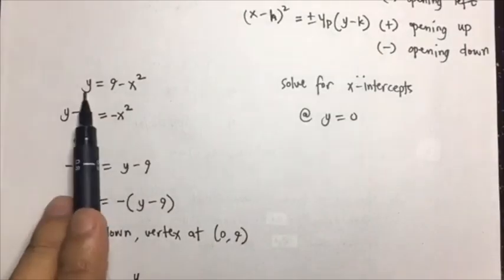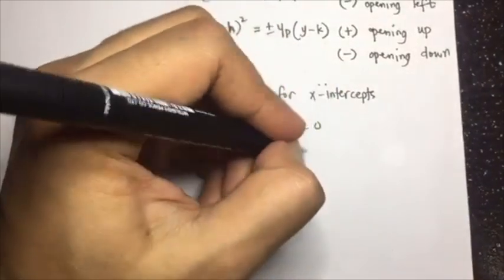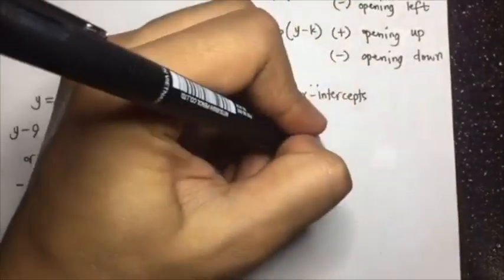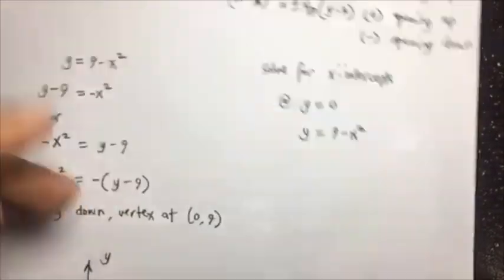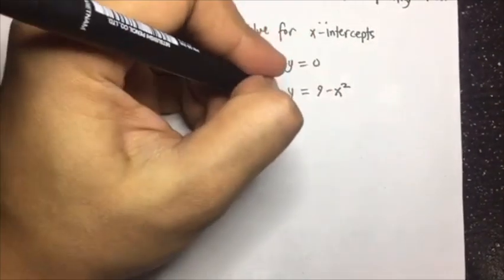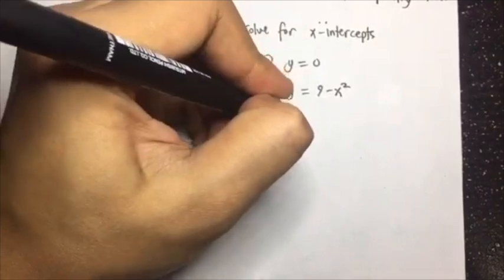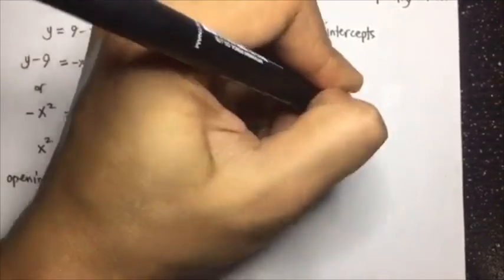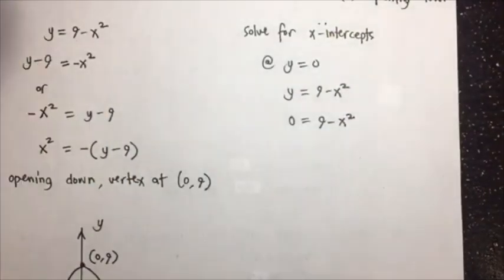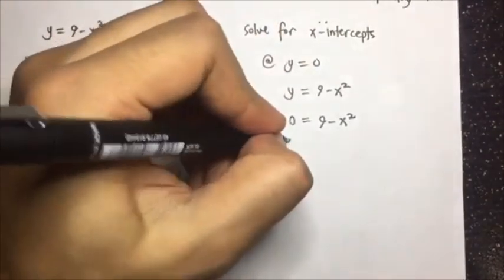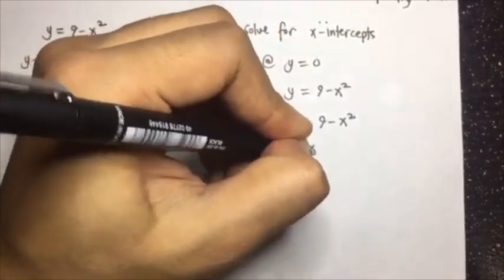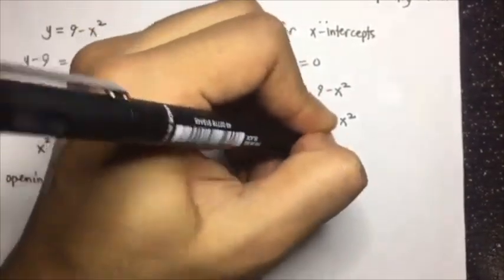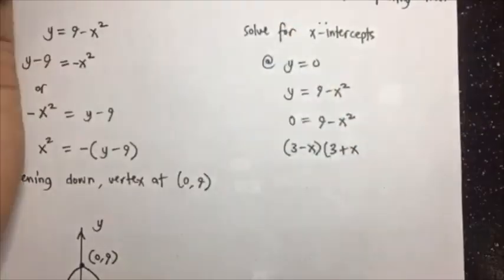So we have y is equal to 9 minus x squared. At y is equal to 0, therefore 0 is equal to 9 minus x squared. Factoring this, it will become 3 minus x, and then 3 plus x is equal to 0.